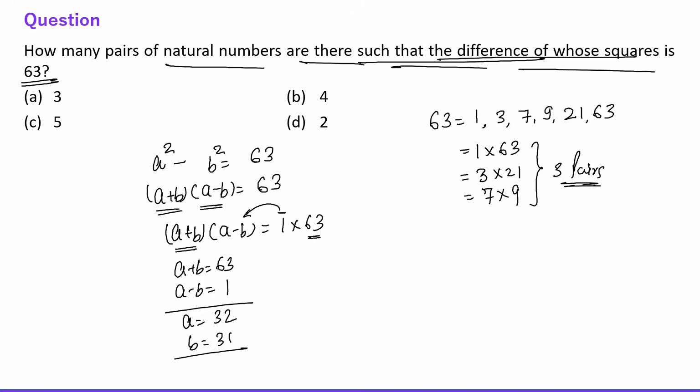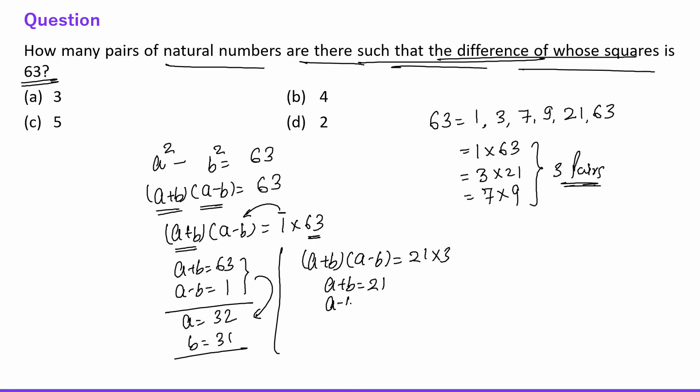The next is (A plus B)(A minus B) equal to 21 into 3. So A plus B is 21 and A minus B is 3. Solving these, we get 2A is equal to 24, so A is equal to 12 and B is equal to 9.